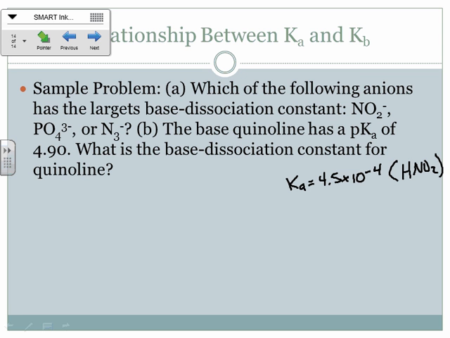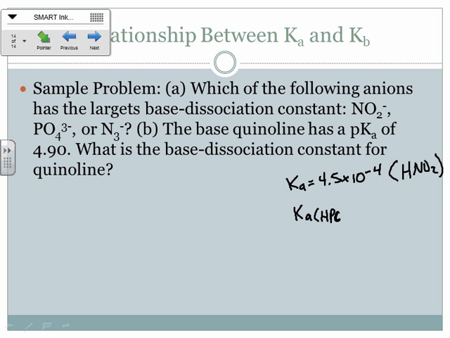What's the conjugate acid of PO4³⁻? We have to be a little bit careful here. Let's just attach one hydrogen to it. That one's kind of tricky. I need to find my polyprotic numbers. Here we go. The conjugate acid for PO4³⁻ is going to be HPO4²⁻.